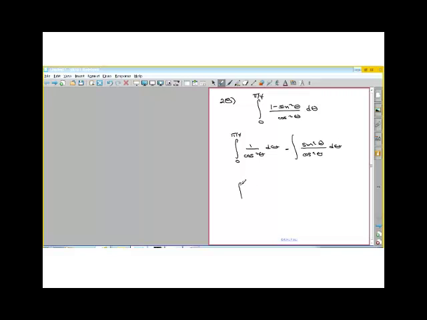Okay, so 1 over the cosine is the secant squared theta d theta, and the second one is the tangent squared of theta d theta. Actually, you may not be able to do it this way yet. We could do this in chapter 4 or 5, but I don't think we have any derivative which is the tangent squared.